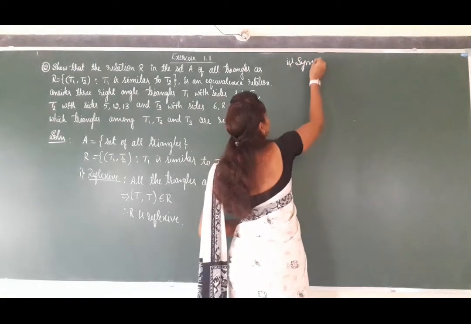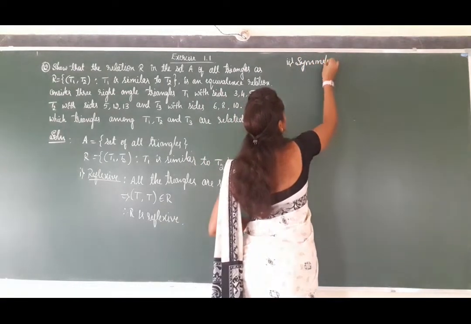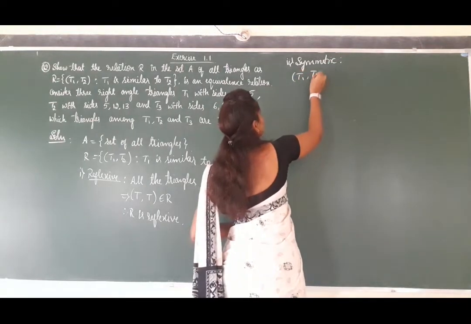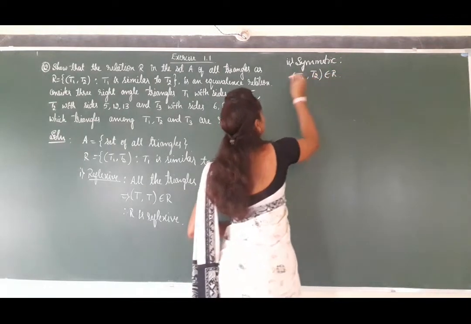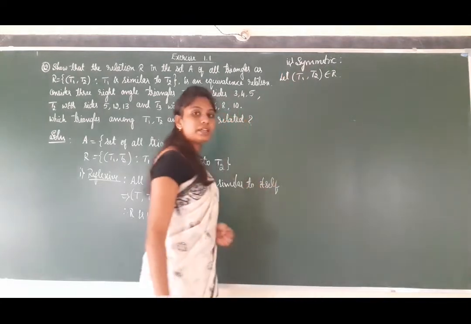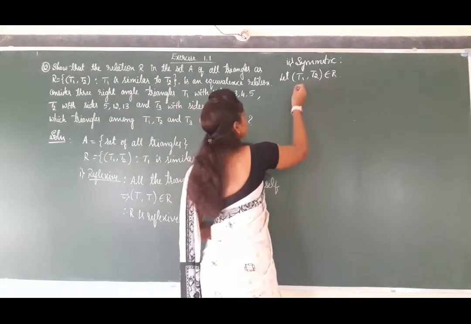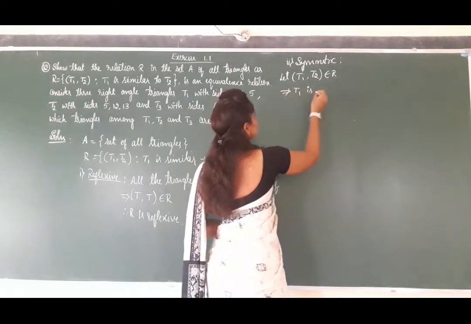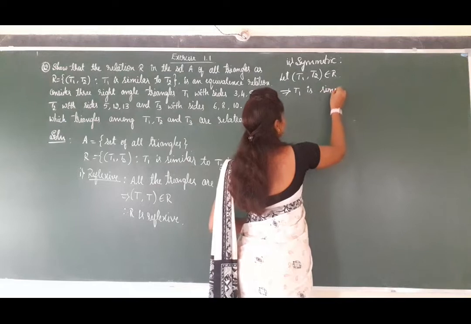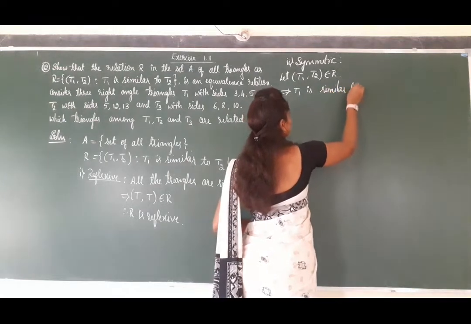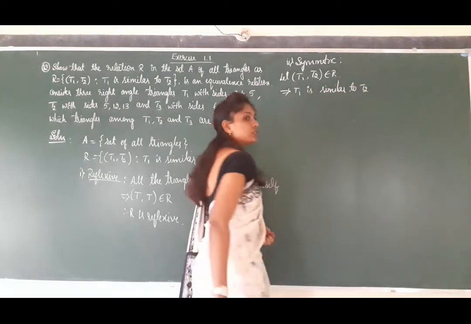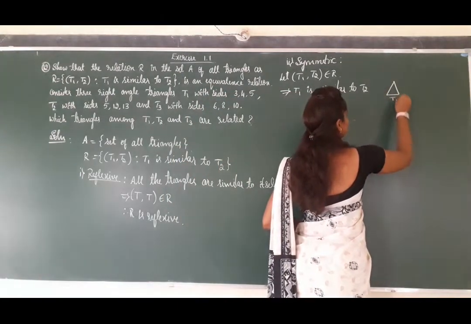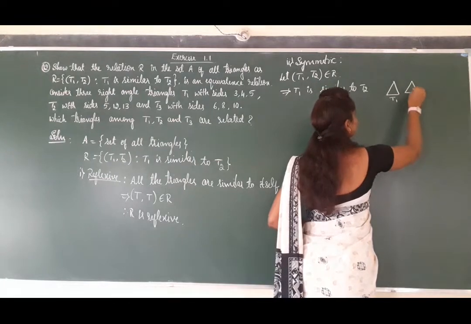For symmetry, I will take an ordered pair (T1, T2) belonging to R. Let (T1, T2) belong to R. This implies T1 is similar to T2. Observe here, this is our triangle T1. This is similar to triangle T2.